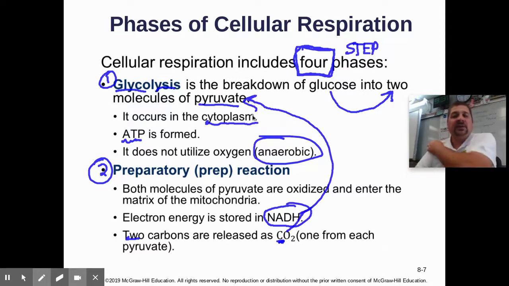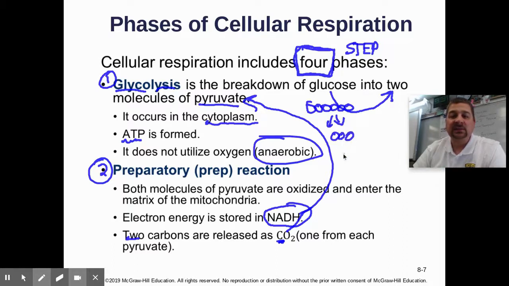Glucose was 6 carbons, and it's split into 2 3-carbon pyruvates. Down here, the acetyl groups that enter into the matrix are only going to be 2 carbons because CO2 is a carbon here. These are broken off, which are released when you breathe out, when you respire.